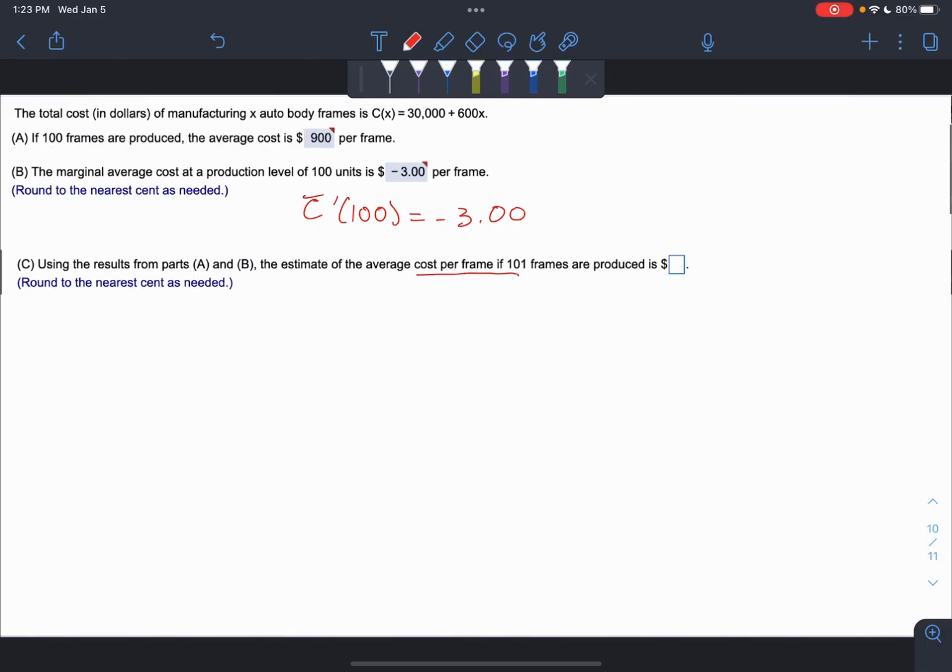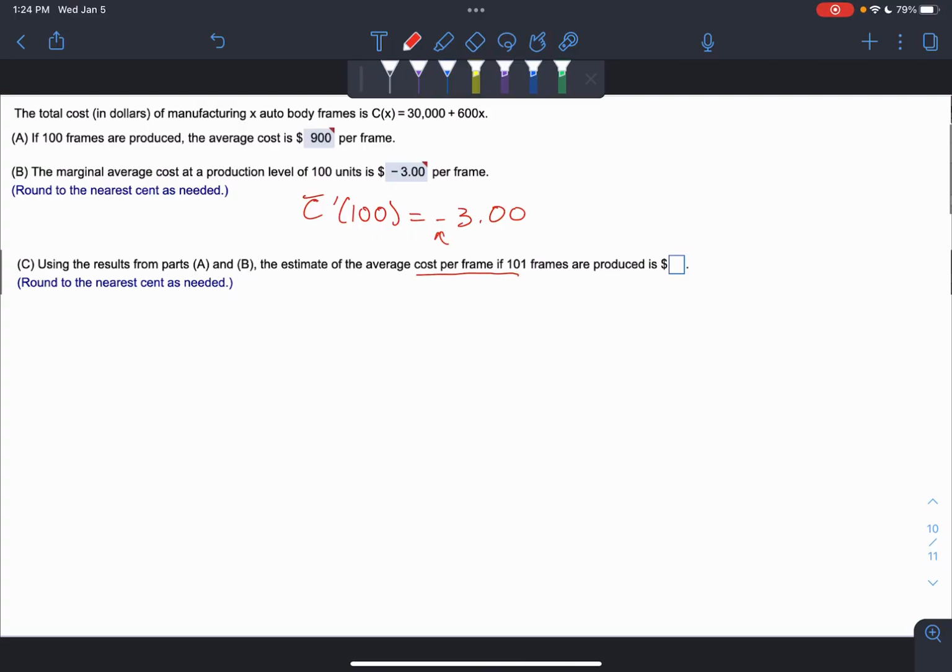Okay, we can write it that way. So this means at the production level of 100 frames, our average cost is decreasing, because I have this negative, at a rate of $3 per frame. So for every additional frame after producing 100 frames, the cost will go down by $3.